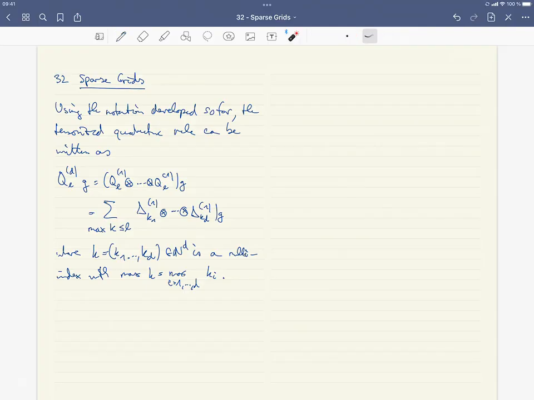And why? Well, the tensorized rule consists of all telescoping sums in all dimensions. So I write the one-dimensional rule as a telescoping sum, each of them, and then I multiply all of these terms together and put them into one sum, and then I get all combinations of all the different quadrature rules.